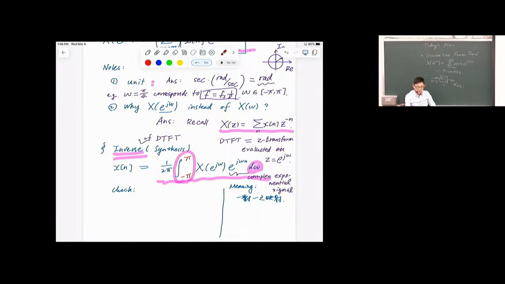Sometimes, especially in my field, audio processing, we call the action of going from frequency to time synthesis, because the result is synthesized back in the time domain.